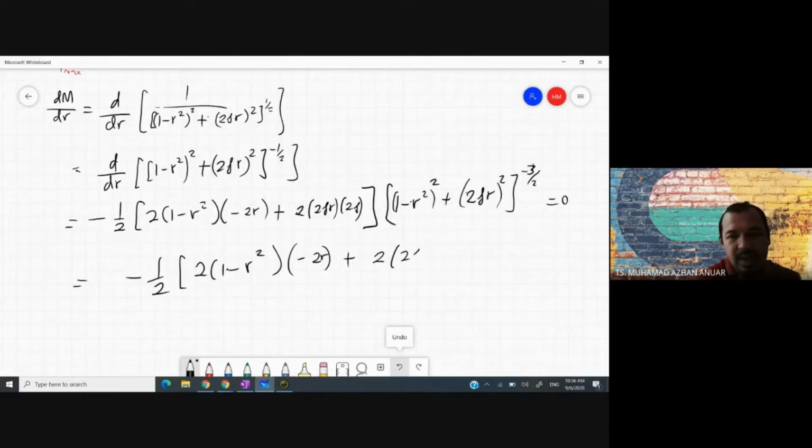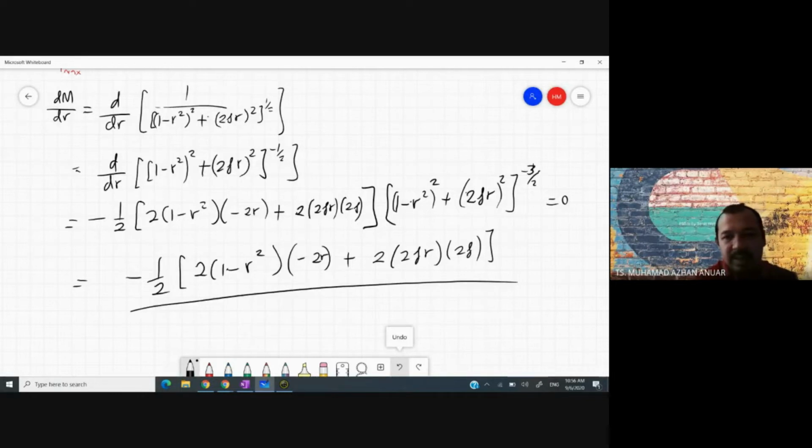Let me leave this one as it is, 2 zeta, and then we divide it back by 1 minus r square plus 2 zeta r square to the power of 3 over 2. That is equal to 0.